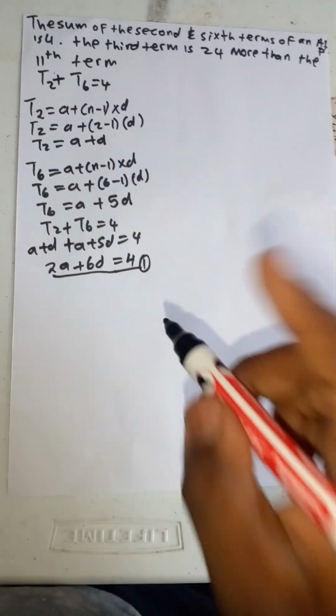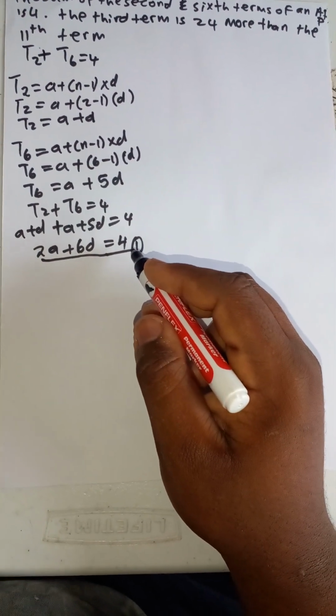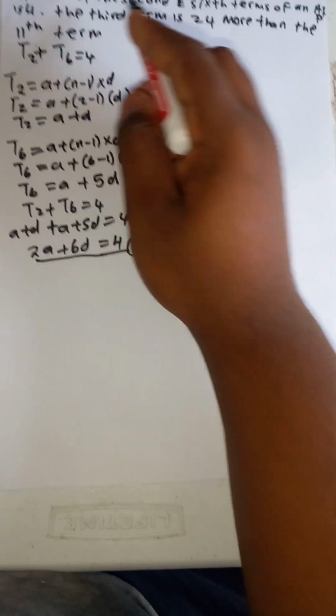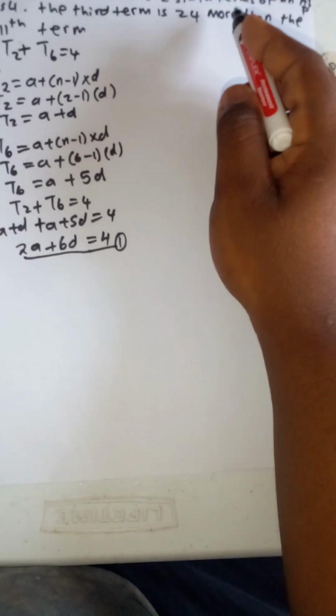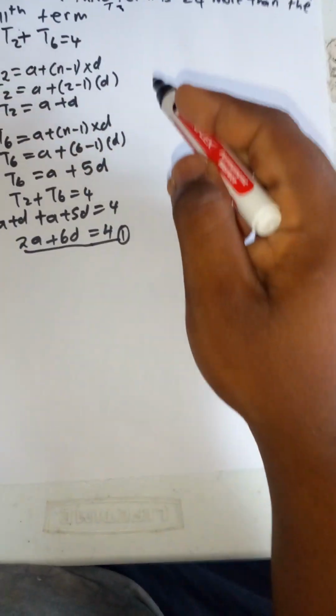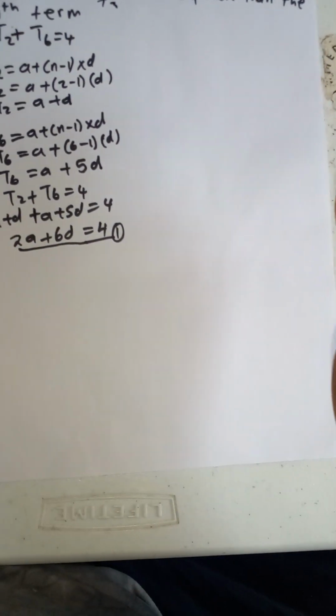Now let's go to the next statement. They're saying that the third term is 24 more than the 11th term.